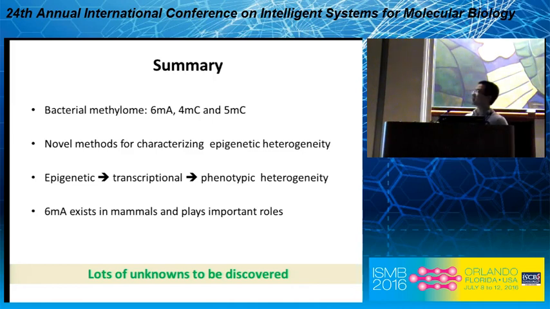Secondly, we developed a novel method for characterizing epigenetic heterogeneity, which is very important to study in bacteria, because epigenetic heterogeneity will cause transcriptional heterogeneity and then phenotypic heterogeneity that enable these superbugs and antibiotic resistance to survive our treatment. And eventually, 6-MA also exists in mammals and also plays very important roles. So there are clearly a lot of unknowns to be discovered from these new directions.